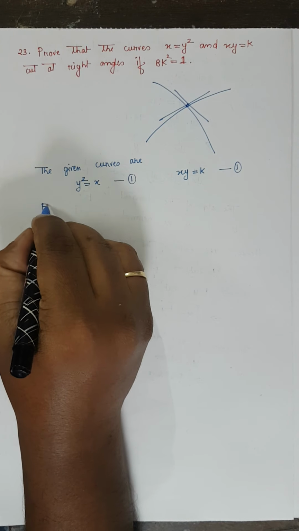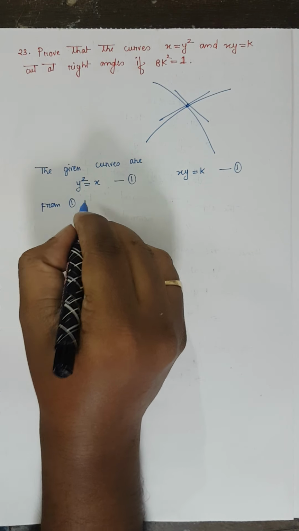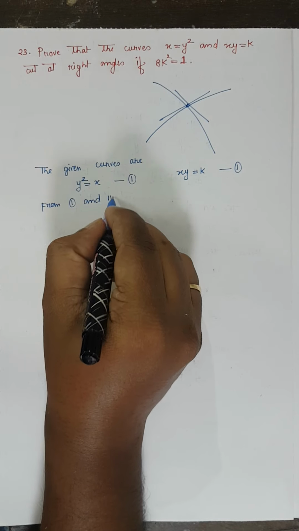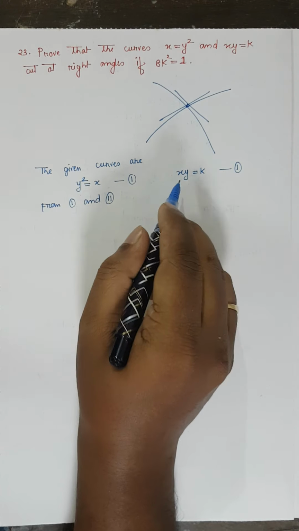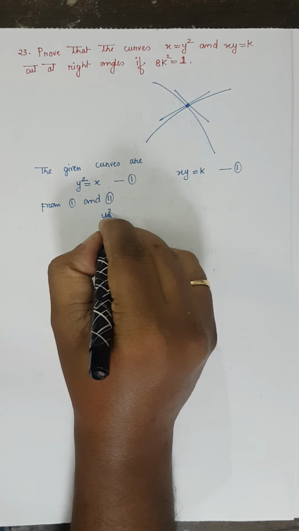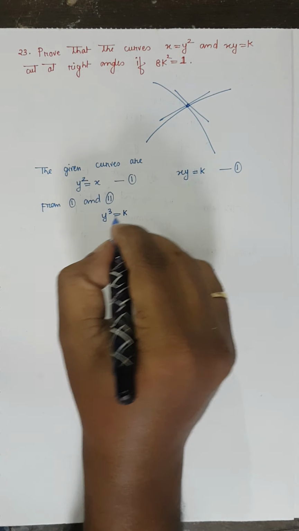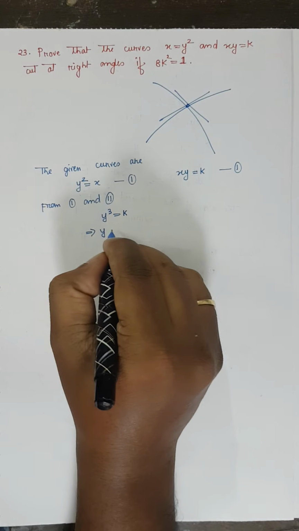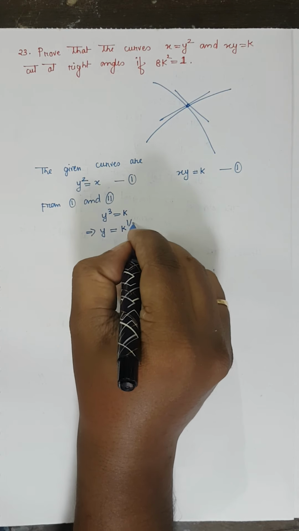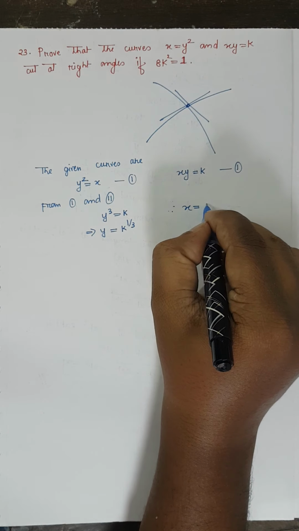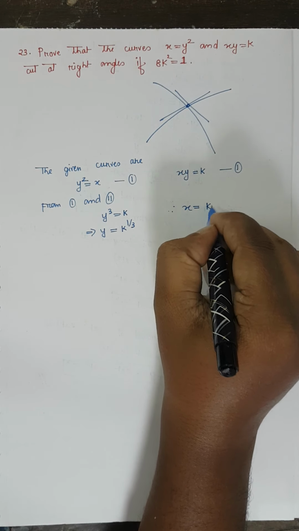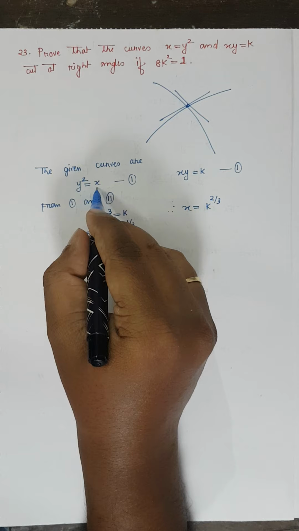Now from 1 and 2 we get that x equal to y square. If I place x equal to y square here, we'll get y cube is equal to k. It implies y is equal to k to the power 1 by 3. Therefore the corresponding x will be equal to k to the power 2 by 3, because x equal to y square.